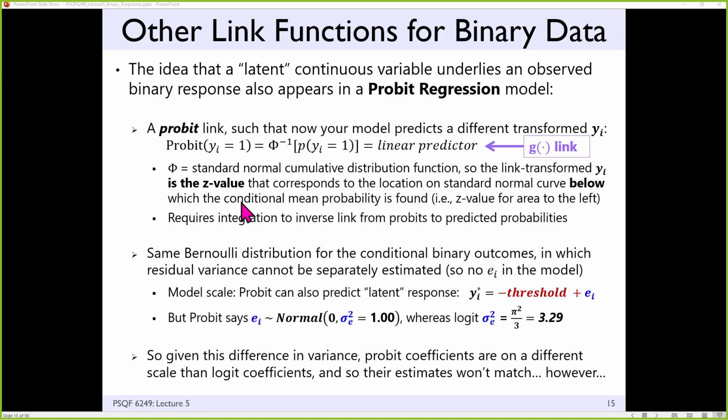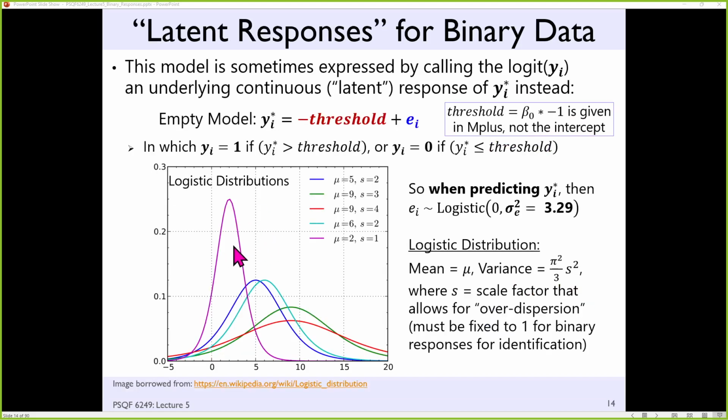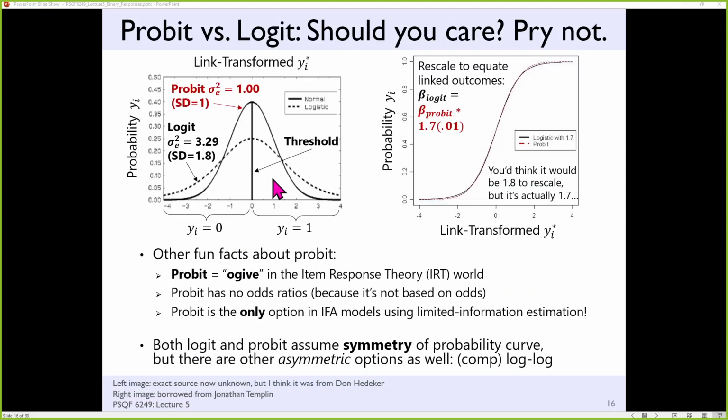So the motivation for this is, rather than having my pretend continuous underlying distribution be logistic, like this, let's say that it's normal, like that. So I'm on slide 16 here. I stole this slide a long time ago, and I think I stole it from Don Hedeker, but I couldn't find the source. So there's my attribution.